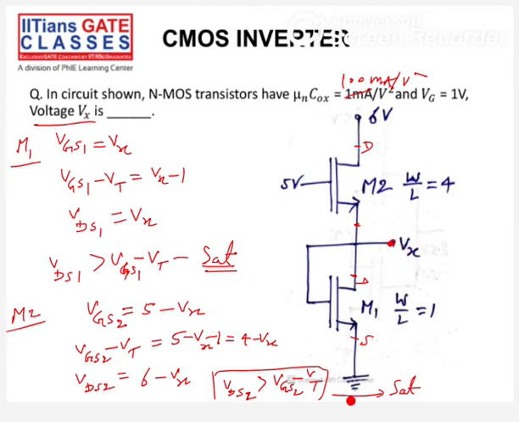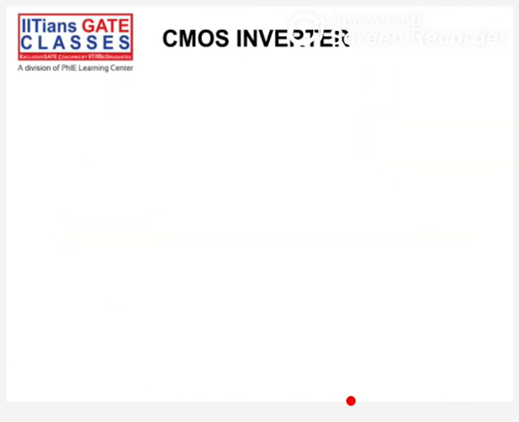No. Vx cannot be greater than the biasing voltage. So Vx will be equal to 3 volt only. With the given condition, we can understand the output Vx, that is 3 volt here.